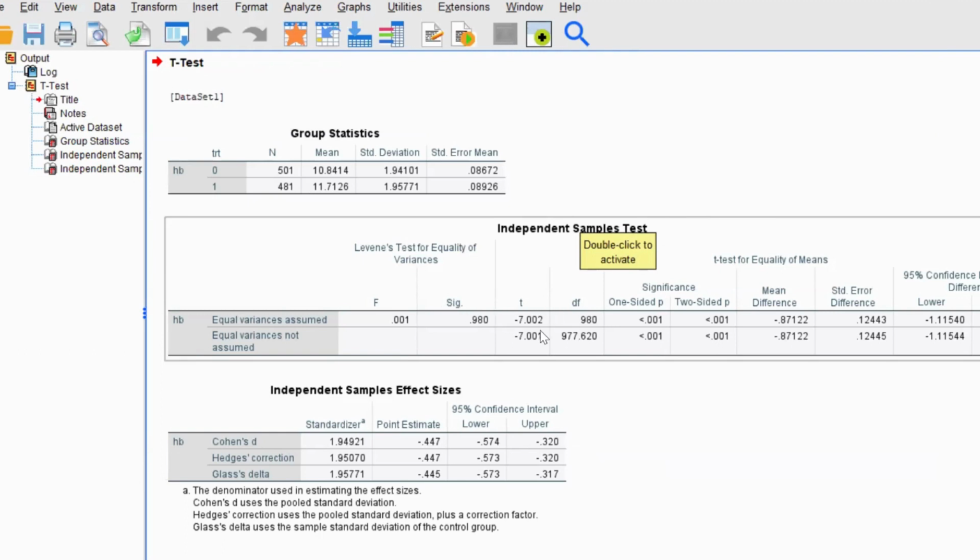The test statistic, very strange, turned out to be negative, minus 7.002.